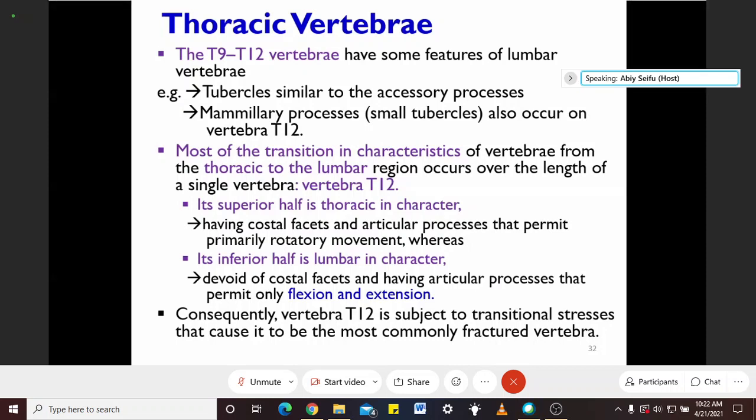Therefore, it is the most fractured vertebra, because the features found in the thoracic and lumbar regions are found on a single vertebra. Those create a transitional tension that causes the most fractured vertebra.